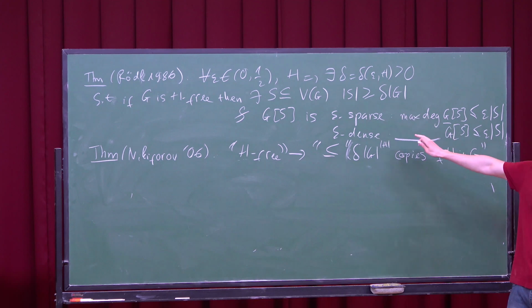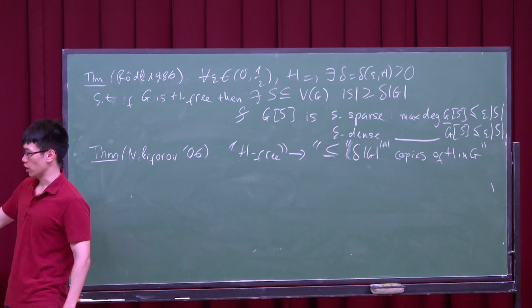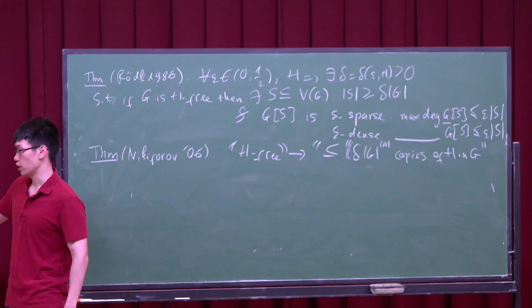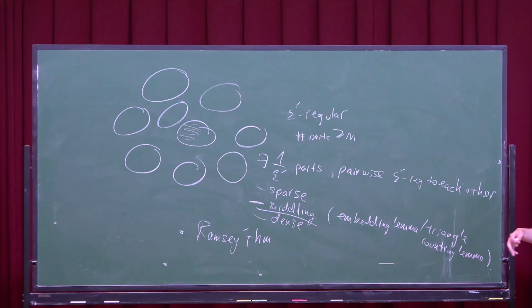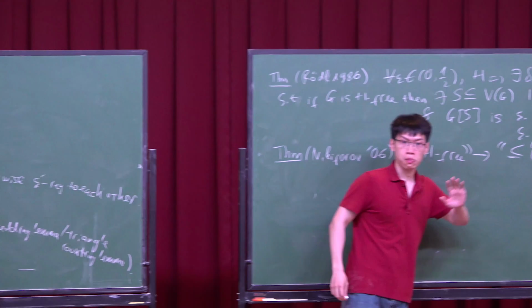And the point here is in this step, when we construct H, we not only get one copy of H, we also get many copies of H. And this is the number.